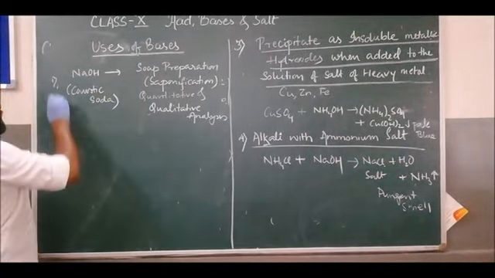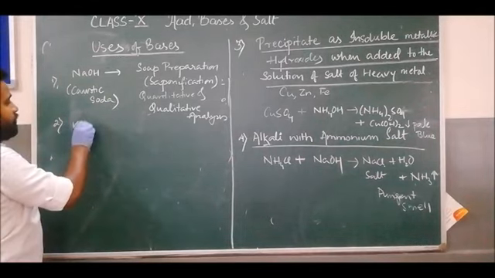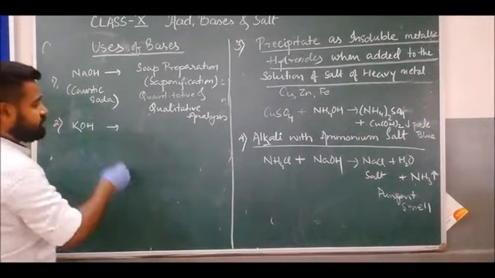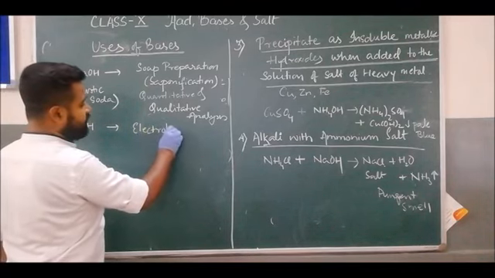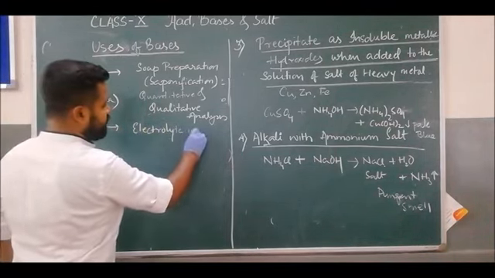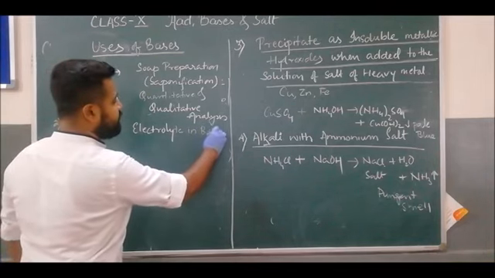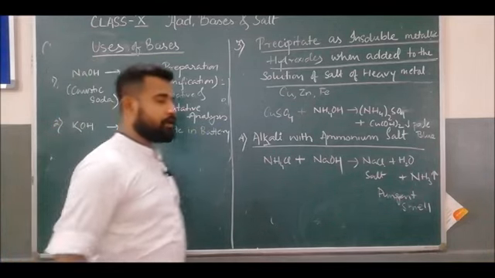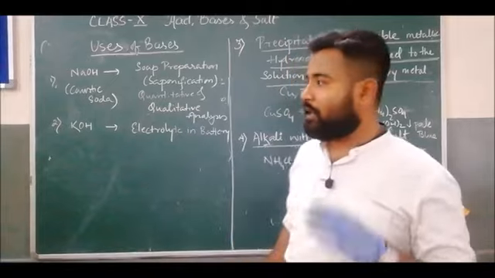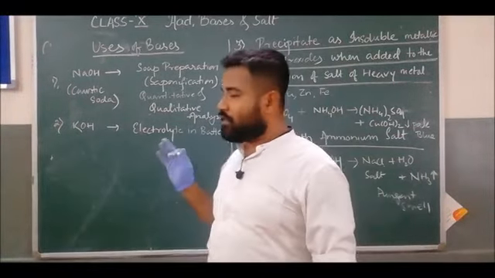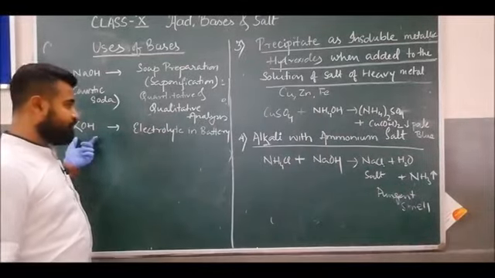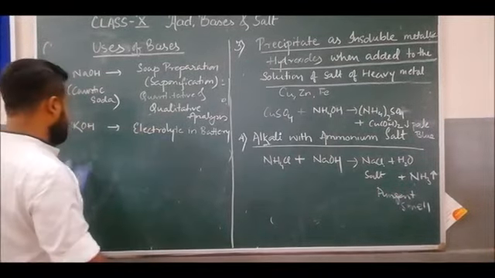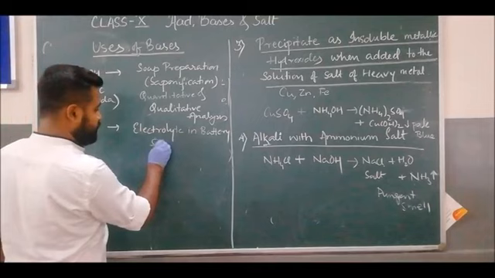Second is KOH. Potassium hydroxide is mainly used as an electrolyte in batteries. There are many types of batteries, primary, secondary, but generally in the form of electrolyte we are using potassium hydroxide.